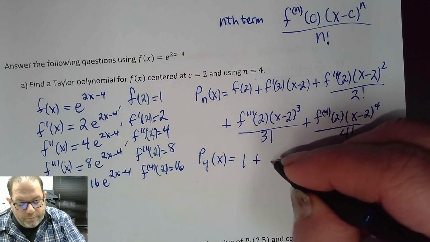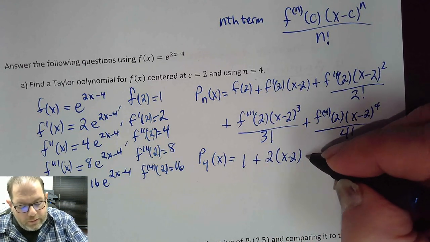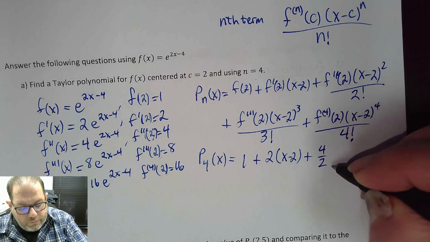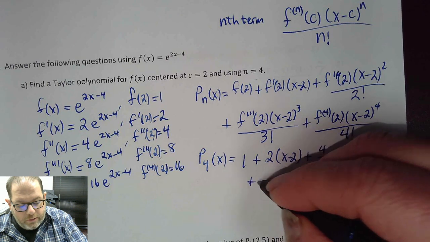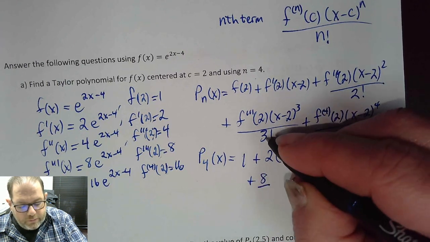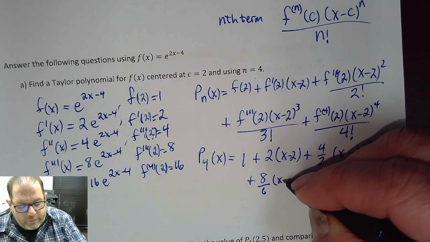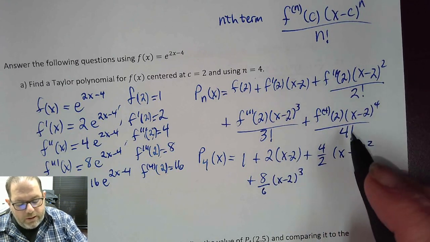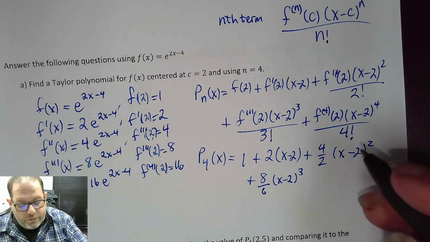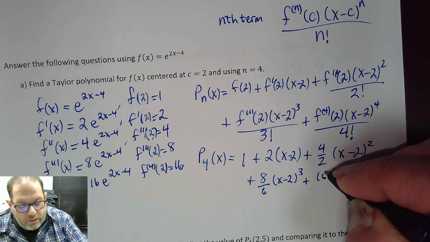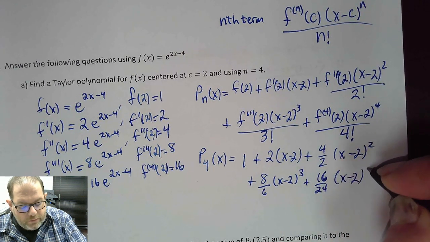So 1 plus 2 times x minus 2 plus 4 over 2 times x minus 2 squared plus 8 over 6, since 3 factorial is 6, times x minus 2 cubed, and then 16 over 24 times x minus 2 to the fourth.